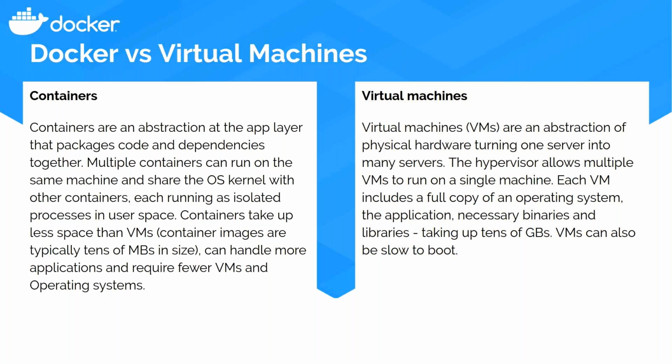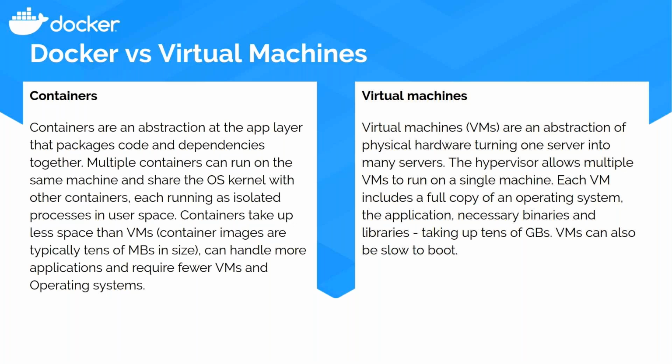A container is an abstraction at the application layer that packages code and dependencies together. Multiple containers can run on the same machine and share the OS kernel with other containers, each running as an isolated process in user space. Containers take up less space than virtual machines.